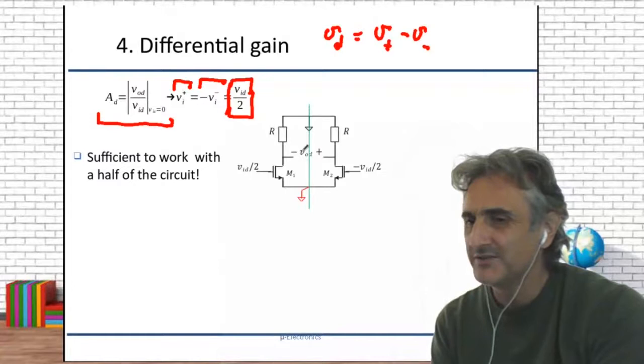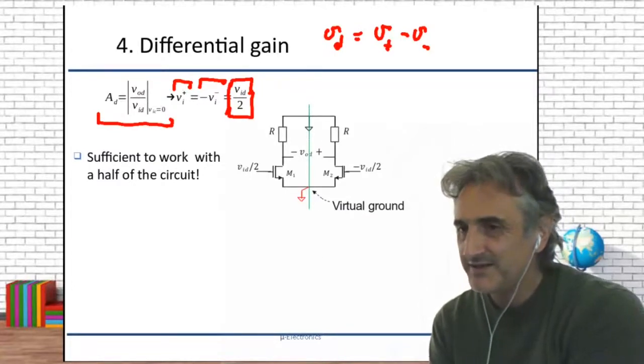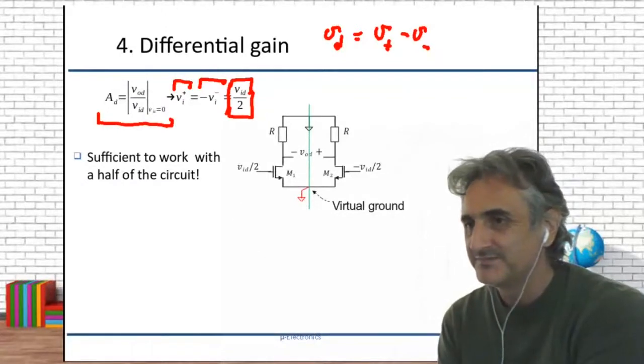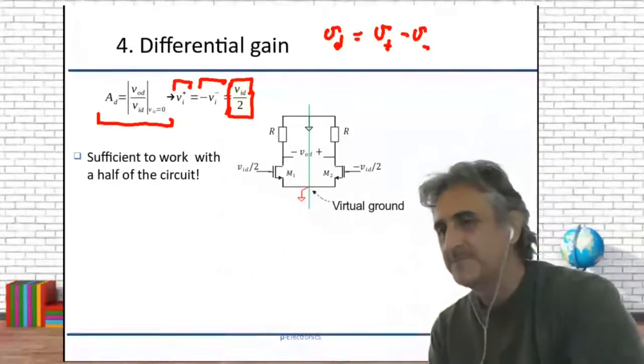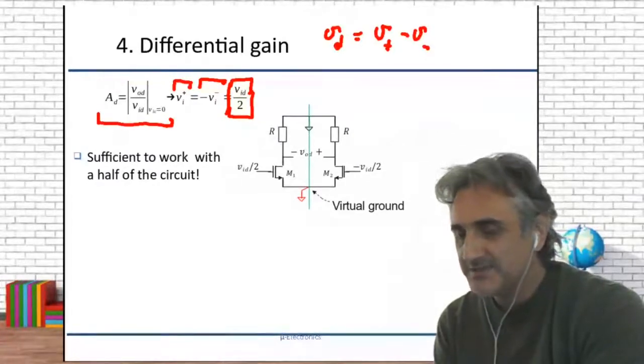Why? You will tell me, how can we simplify that? We can simplify that because this is a virtual ground. That means that this is not 0, but it behaves as if it were 0.